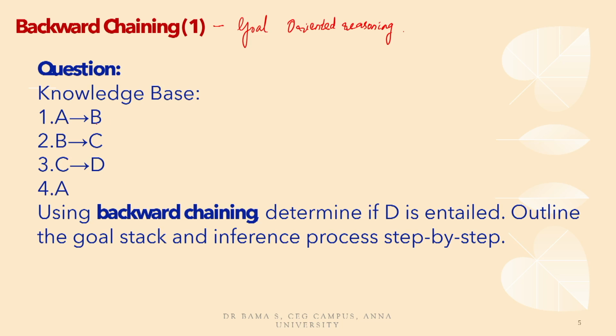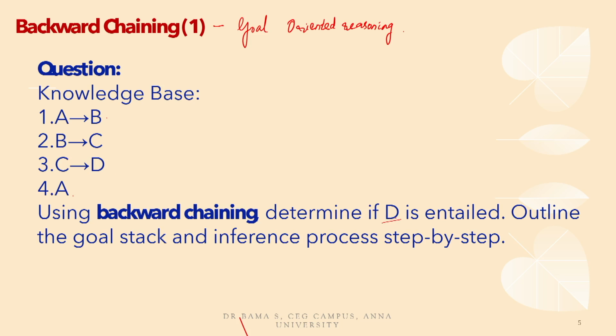In this example, there are 4 facts: A implies B, B implies C, C implies D, and A. The question is, using backward chaining, can we determine D? Is D entailed?